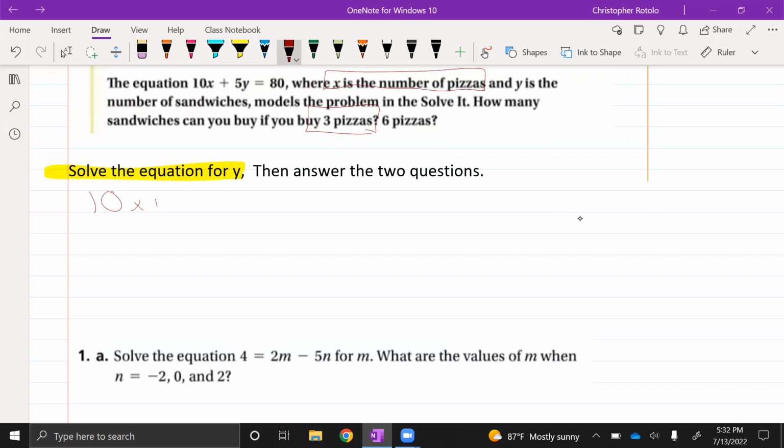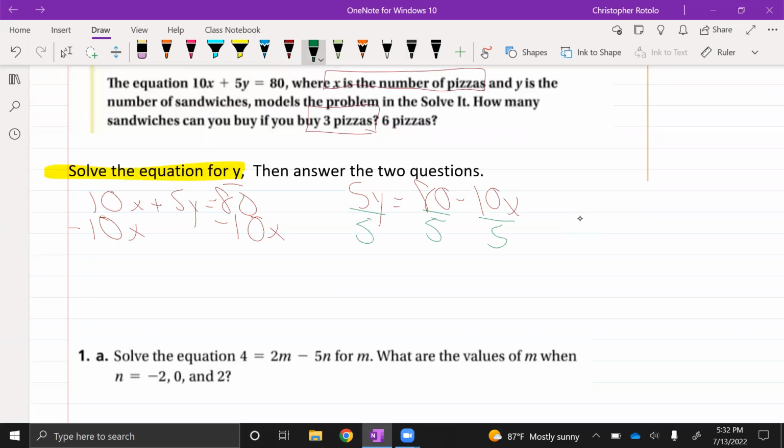So here we go. 10x plus 5y equals 80. I'm trying to get y by itself. How do we get rid of adding 10x? Yeah, subtract 10x. So I get 5y equals 80 minus 10x. This is one where I might just rearrange it any which way I want. Then I'm going to divide by 5. But watch what happens.